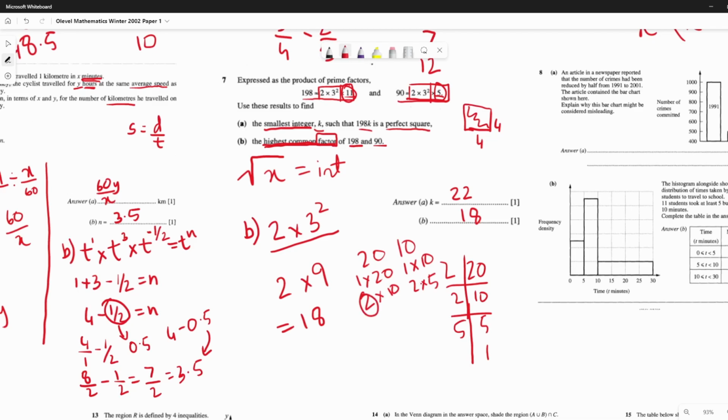So 2 was a factor they both had in common, as well as 1, but 1 is a factor everyone has in common, so we don't really mention that. 2 was a factor that they had in common. This is not their highest common factor, but these are both factors that they have in common.